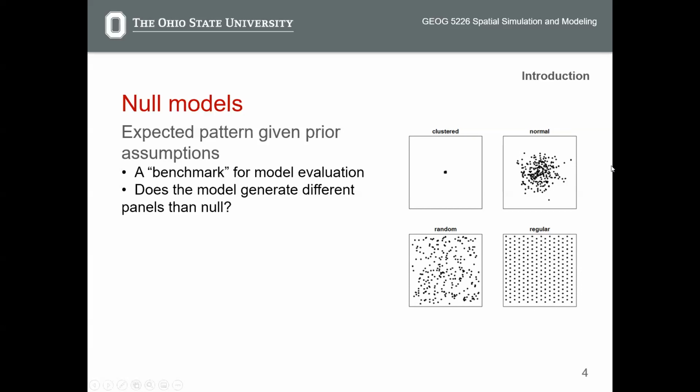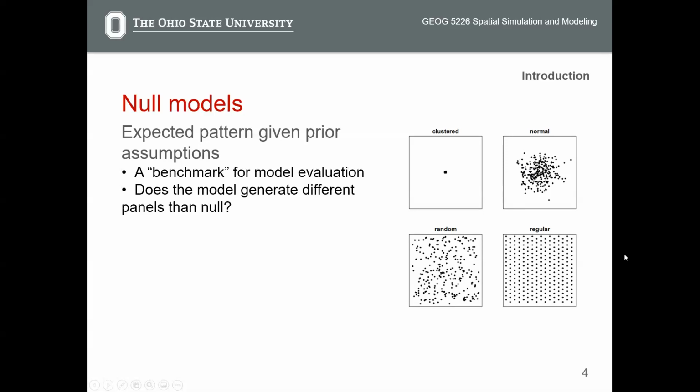So if you have another model for a spatial pattern, it may be very close to clustered, or it may look like the normal model, so that's possible. Or more likely, you could have a spatial pattern that does not look like any of them. It could be somewhere between clustered and normal, or somewhere between normal and random.